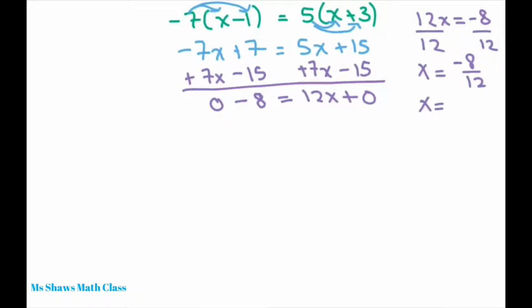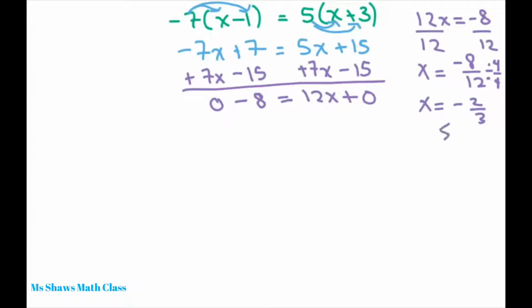We can divide the numerator and the denominator by 4. Just divide each piece by 4. So you're going to get 8 divided by 4 is 2. 12 divided by 4 is 3.